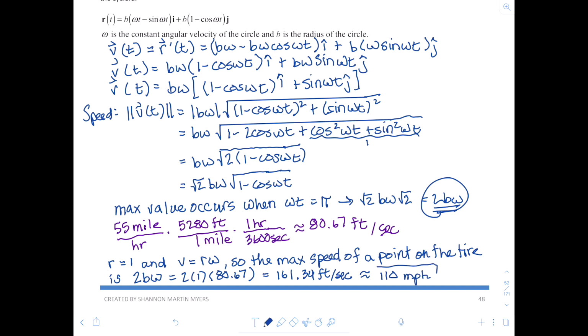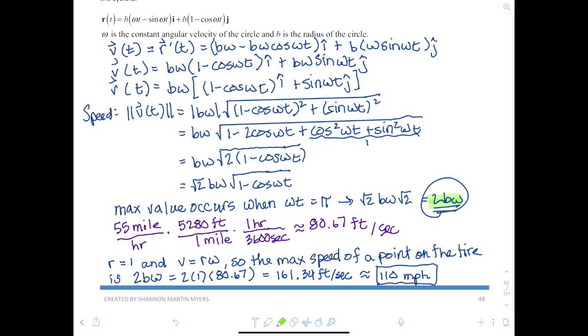So, just to recap, right here, what I highlighted in green is when the max value occurs, when our omega t is pi, right? And we ended up getting 2 times b times omega.